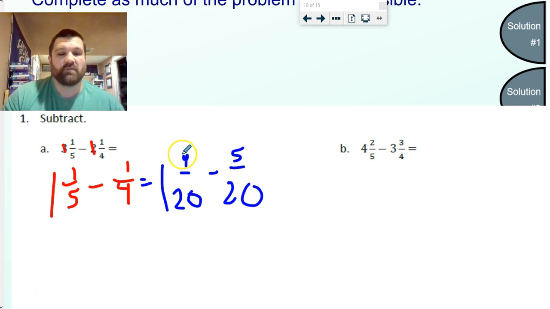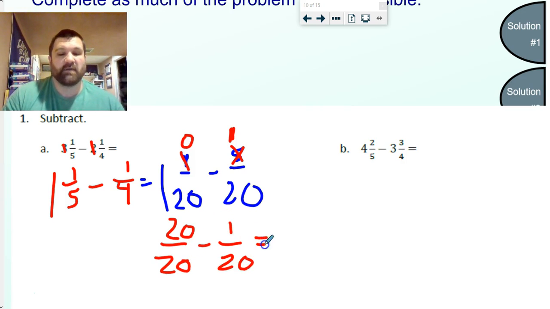Okay, so we can get this down to 0, right? And that would take this to 1. So now we'd have to take away from our whole, right? Which would be 2 20ths, minus 1/20. And you'd end up with 19/20.